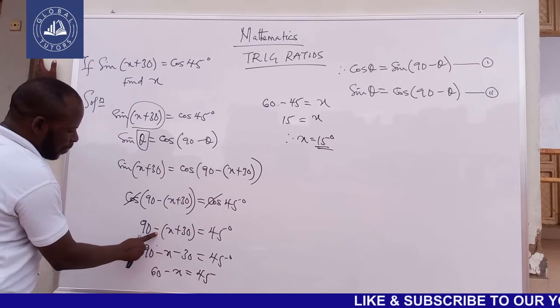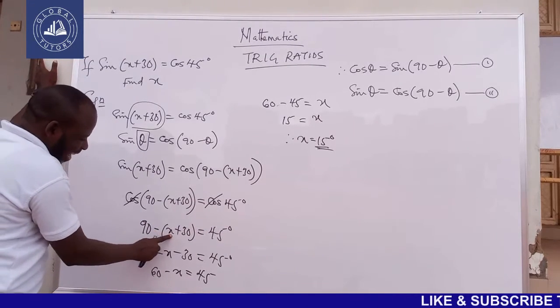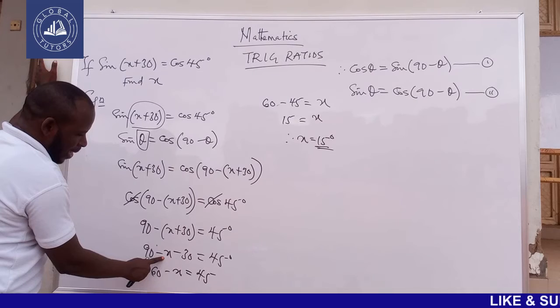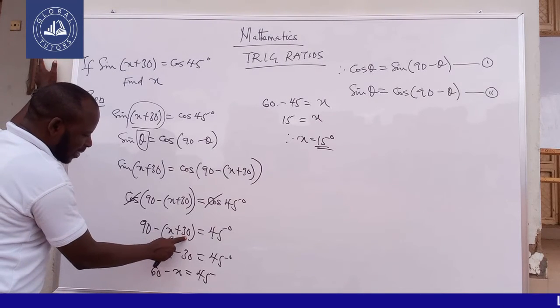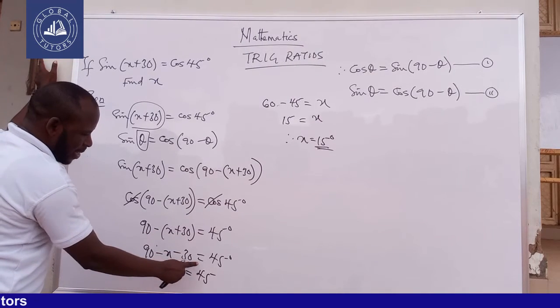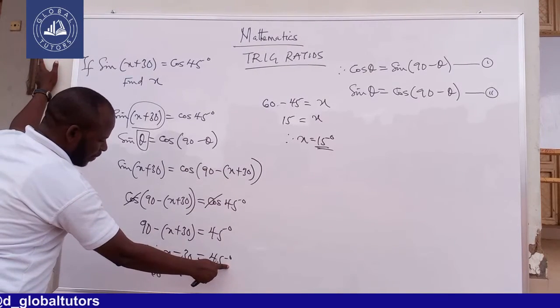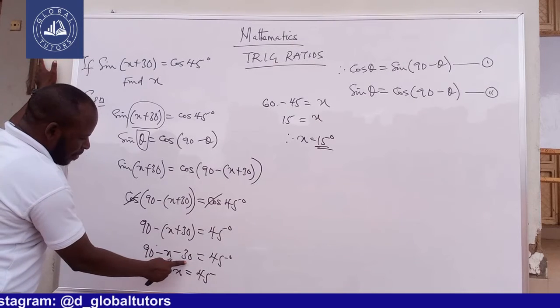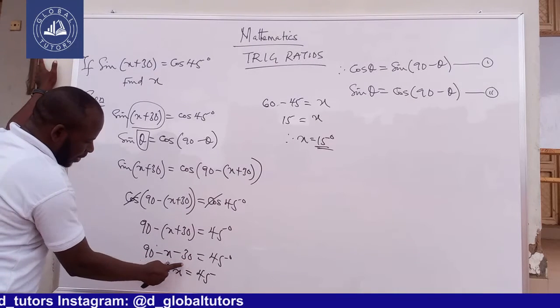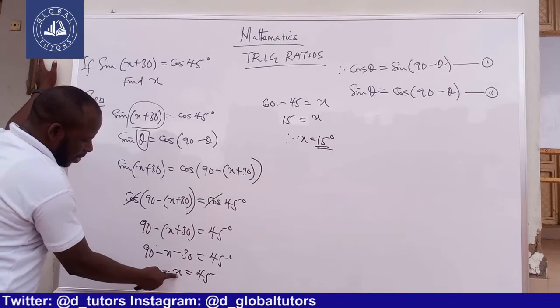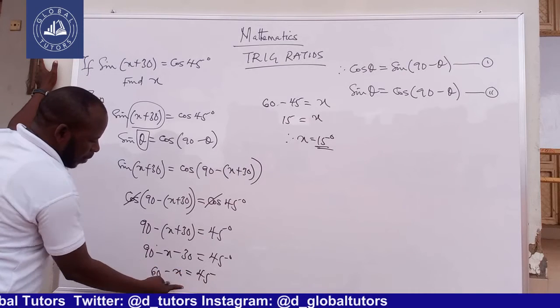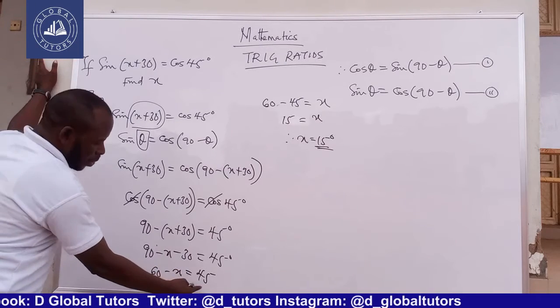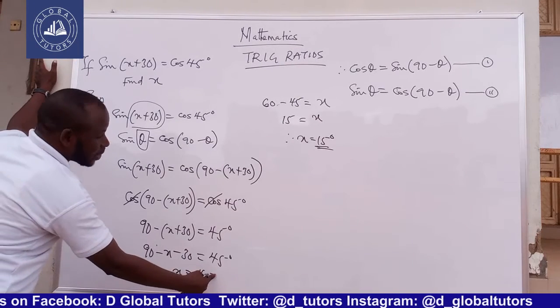If you open the bracket, minus times x will give me minus x. Minus times plus 30 will give me minus 30, so 90 minus 30 will give me 60. Then minus x equals 45. From here we collect like terms. 45 moves here and x moves there.